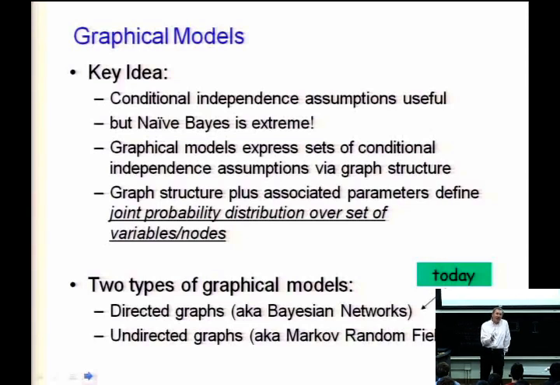But unfortunately, number two, we realized that if we tried to represent the entire joint distribution among a large collection of variables, for example, even just n Boolean variables, we'd need a number of parameters that was exponential in n just to write down the joint distribution.